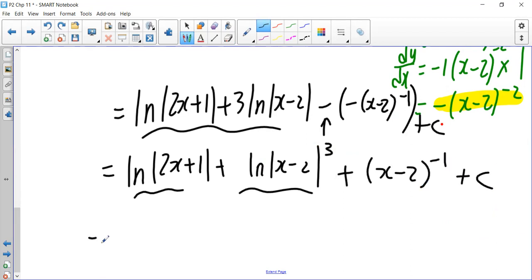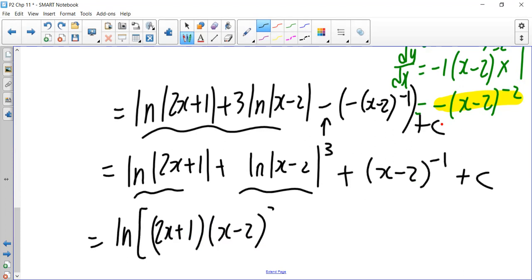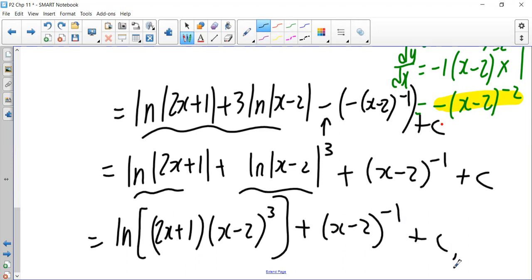So if you really want to, you can do ln of (2x plus 1)(x minus 2) cubed plus (x minus 2) to the power of minus 1 plus c. Now, the reason I say you could rather than you should is because this term has no ln in there, so I know it could not be simplified together. So there's really no point to put them together. But anyway, that's a different question if we have to simplify it any further.